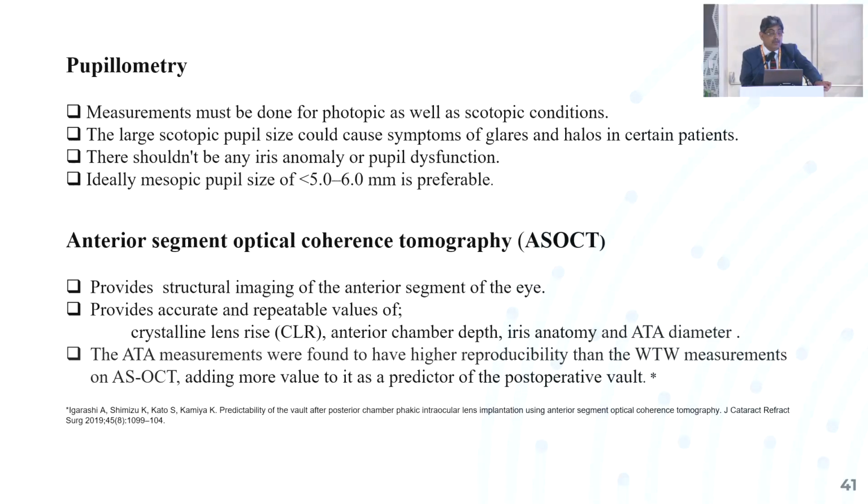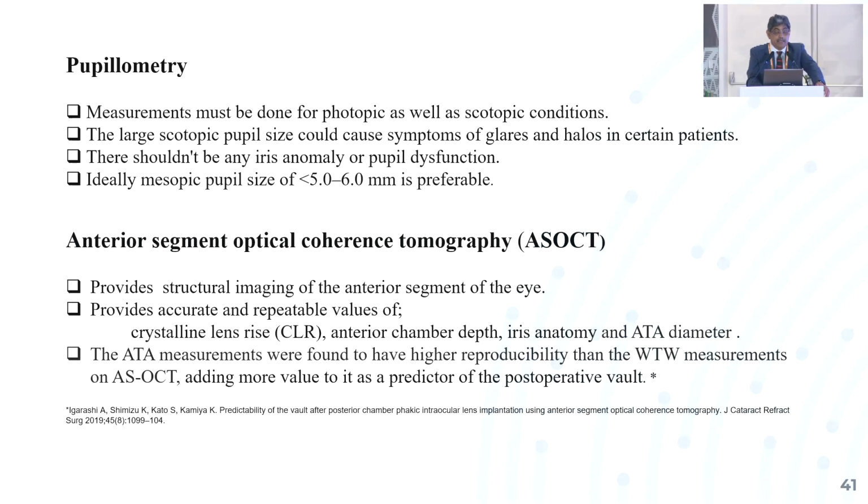We should do the pupillometry, and the ideal mesopic pupil size is less than 5 or between 5 to 6 millimeter. And AIOS should also be done. It provides structural imaging of the anterior segment of the eye, and it provides accurate and repeatable values of the crystalline lens rise.